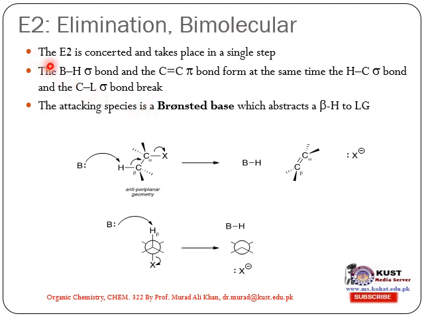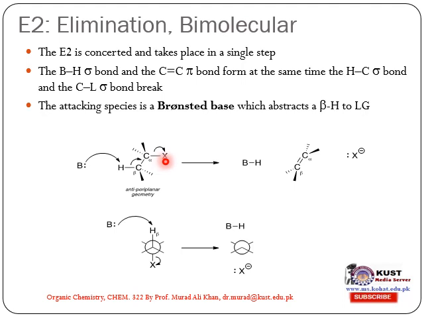So the E2 is concerted and takes place in a single step. The formation of the base-hydrogen sigma bond and the formation of the carbon-carbon pi bond occur at the same time that the carbon-hydrogen sigma bond and the carbon-leaving group sigma bond break. The attacking species is a Bronsted base which abstracts a hydrogen beta to the leaving group.